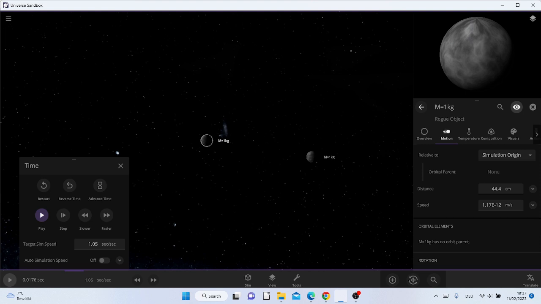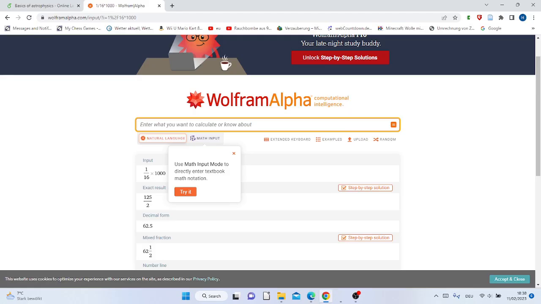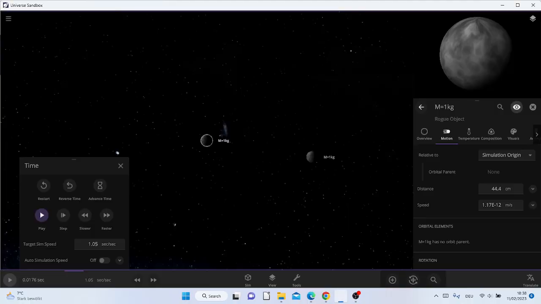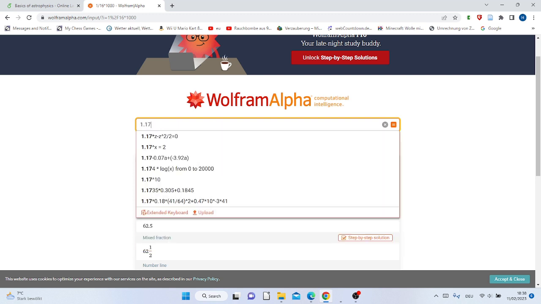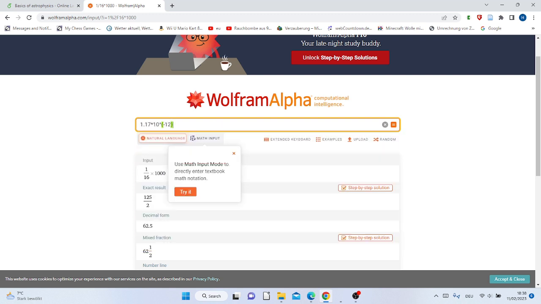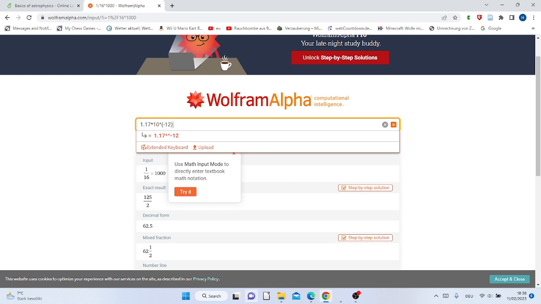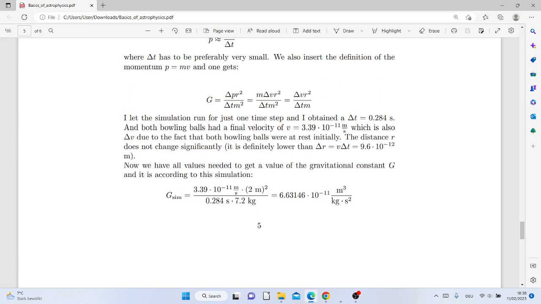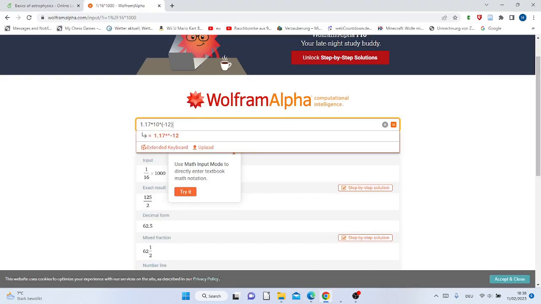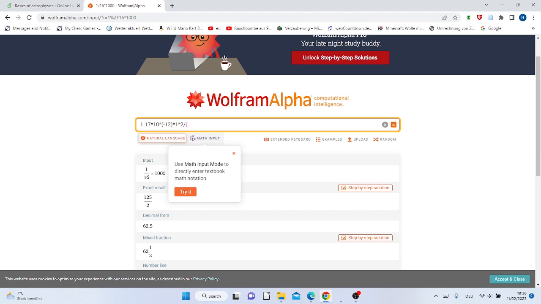Now I'm going to use a calculator. We have a delta V of 1.17 times 10 to the negative 12 meters per second, and then the distance squared, which was just 1 meter squared, so it's just a 1.